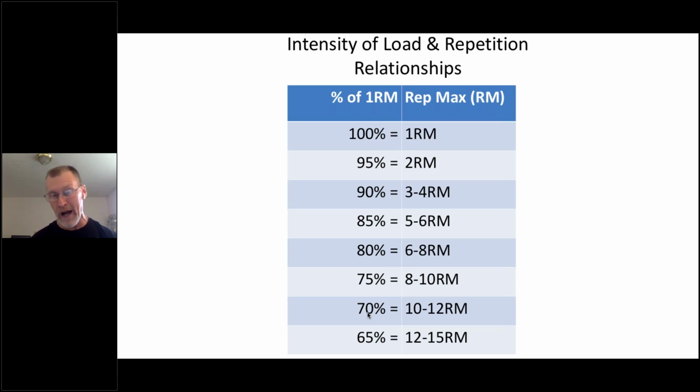So that's a wide range. It doesn't necessarily fit this 10 to 12 mark, but on average, that's where those numbers generally are. The most important thing to understand is that as the percentage of 1 rep max goes down, the ability to perform a certain amount of repetitions to your limit goes up.